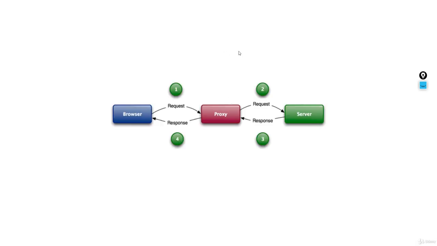You can simply see over here we have the client as a browser, and this proxy is your Burp Suite. We have just manually set the proxy to this Burp Suite, and this is your server. The server is going to get requests from the browser if there is no one in the middle.